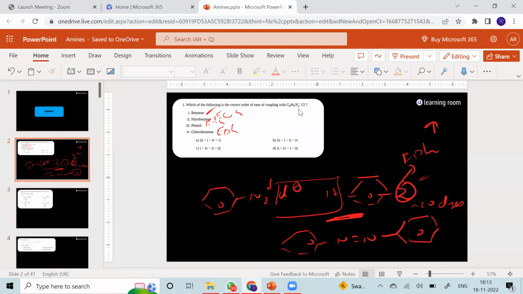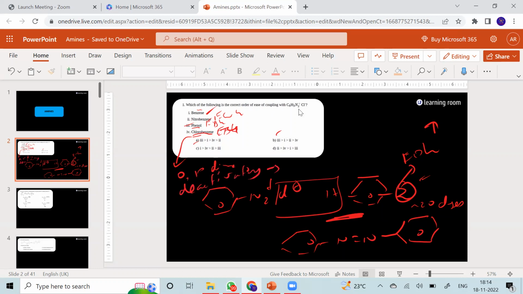Out of these, the only strong electron donating group is phenol, that is OH, and then chlorine. So first should be three. When I compare chlorobenzene with benzene, we say chlorine is ortho para directing, but it is deactivating.